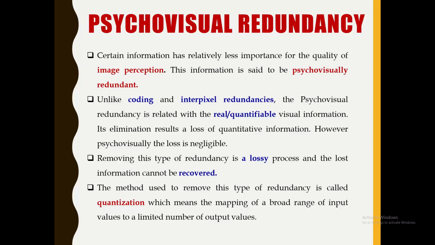However, psychovisually, the loss is negligible. Removing this type of redundancy is a lossy process, and the lost information cannot be recovered. The method used to remove this type of redundancy is called quantization, which means the mapping of a broad range of input values to a limited number of output values.